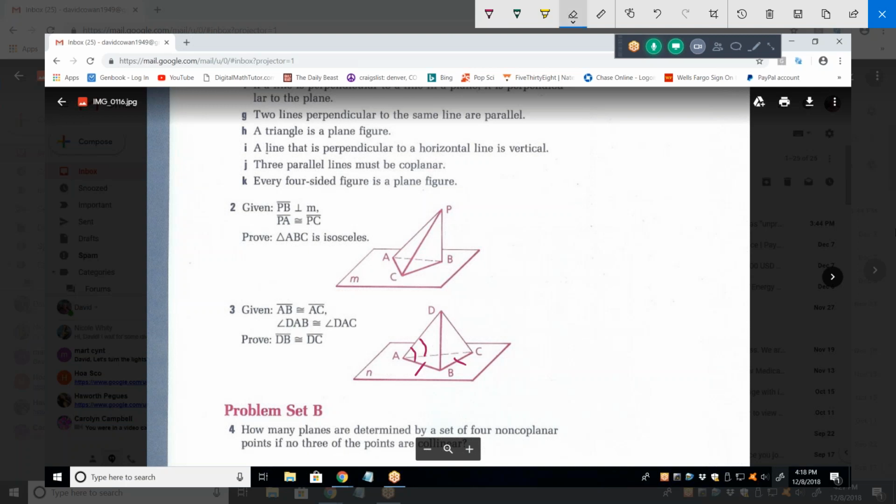Thank you. And then angle DAB, which is this line here, is congruent to DAC, which is this curve here. Yeah, that part was correct. Okay, so that's all the information we have, and we're to prove that DB is congruent to DC.